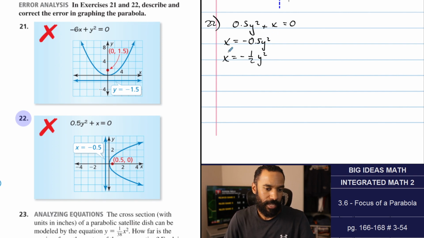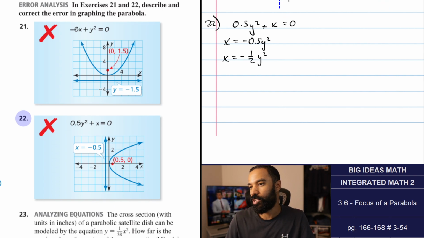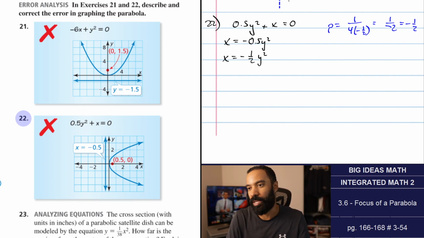Now, the thing is, it's an x equals y squared equation, but it's an x equals negative y squared equation, which means the graph should have gone left instead of right. Let's confirm that the p-value is as it's supposed to be. p is 1 over 4a, which is 1 over negative 2, which is negative 1/2. So they seem to be having that thing. They had 1/2. They went kind of the wrong way.